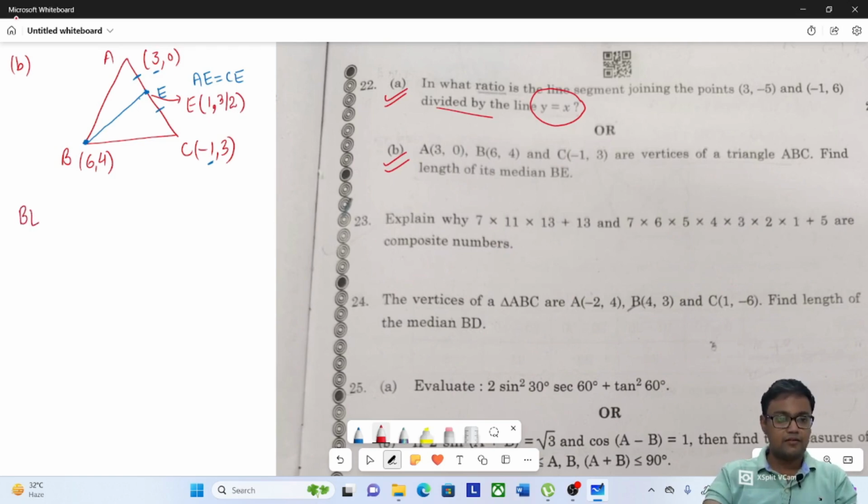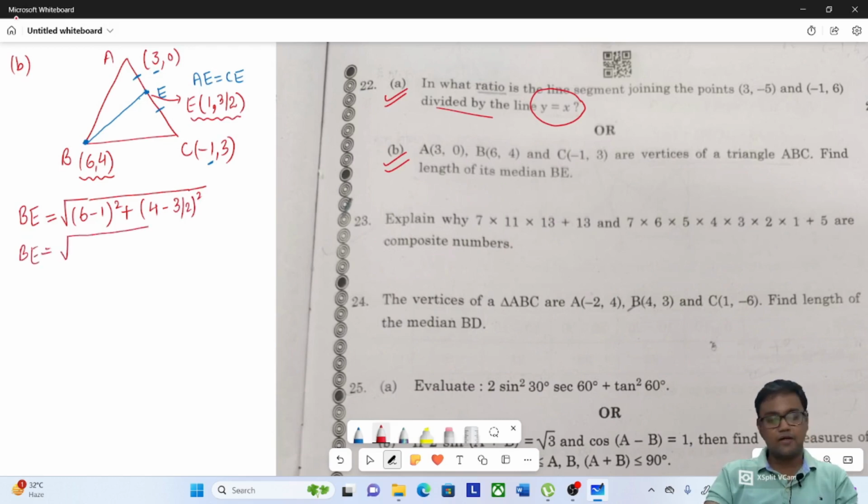So the length of the median will be obtained by the distance formula, and the coordinates of B and E are these. So we will be utilizing that distance formula: (6 minus 1) squared plus (4 minus 3 by 2) squared. So BE will be 5 squared, 25, and 8 minus 3, that is 5 by 2, or 2.5, whatever you wish.